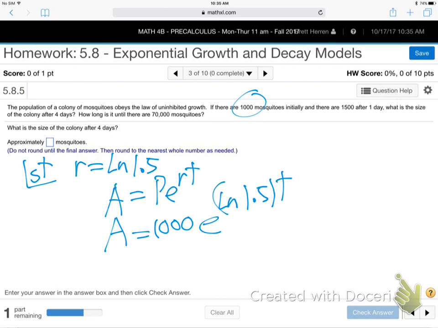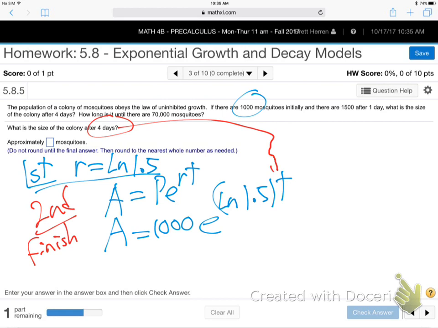Well, they're saying now for part 2, so that was from the first part, we had this, and now this is all the work of the second part that we're going to finish. And what do we do? 4 days. So put in, right there, 4 days. So the amount will be 1,000 e to the ln 1.5 times 4.